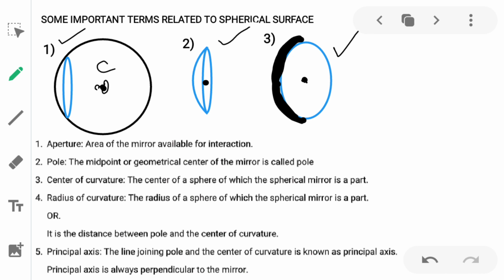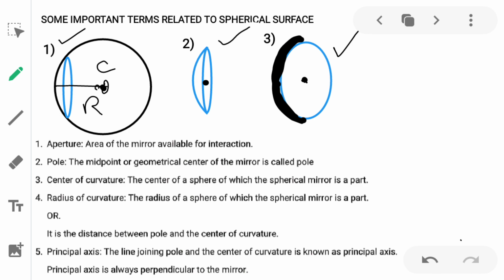The fourth one is radius of curvature. The radius of curvature of the spherical surface is the radius of the sphere of which the spherical mirror is a part. It is the radius of a sphere whose part is our spherical reflecting surface.